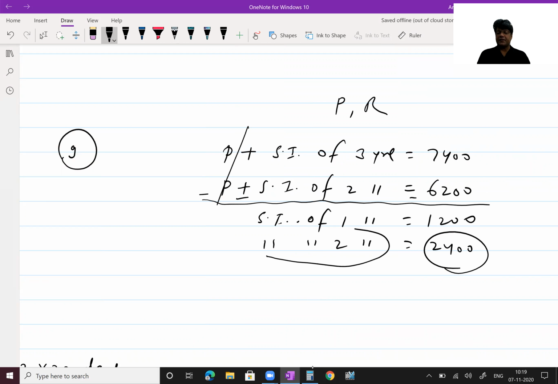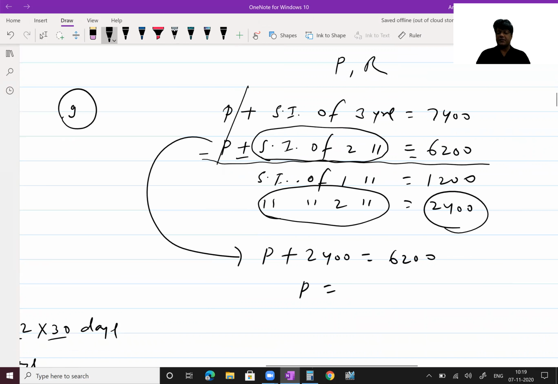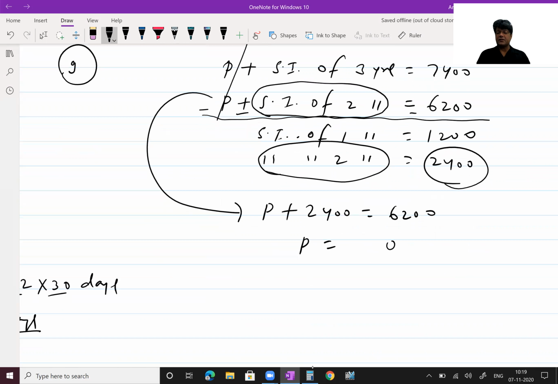From here we get principal plus 2400 is equal to 6200. So your principal is 6200 minus 2400, that is 3800.